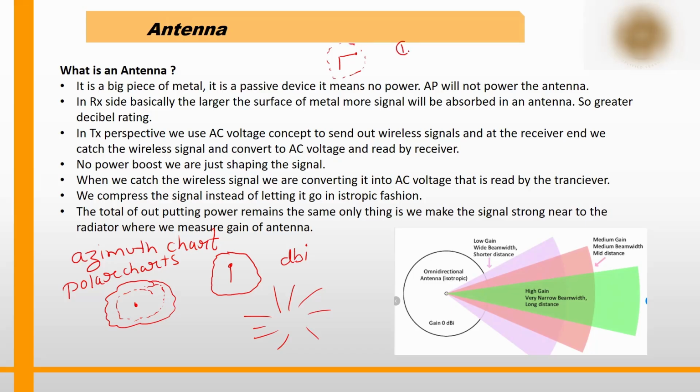But there are different kinds of antennas present in the market. One type is omnidirectional antennas, then semi-directional antennas. The third type is highly focused antennas.